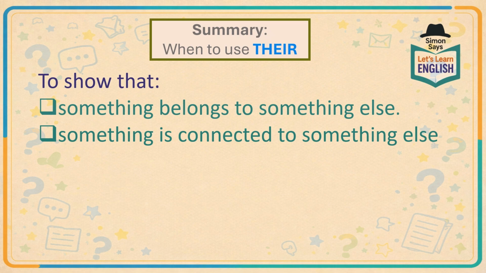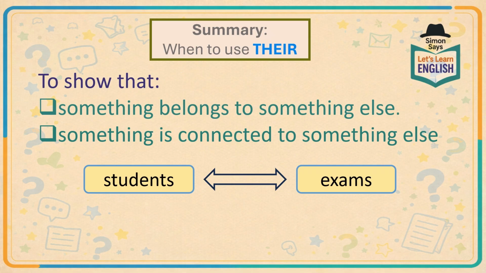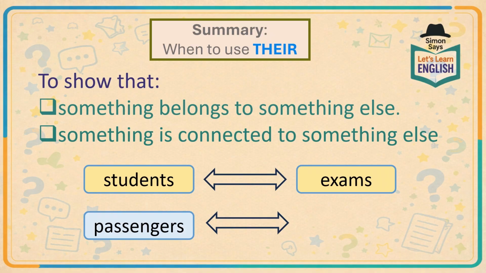So in our previous examples, we saw that students were connected with exams. And we said that their exams are next week. We also learnt that the passengers were connected with flights. And we said that their flights were cancelled.